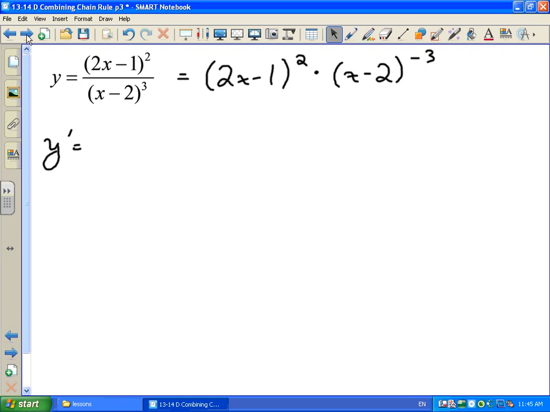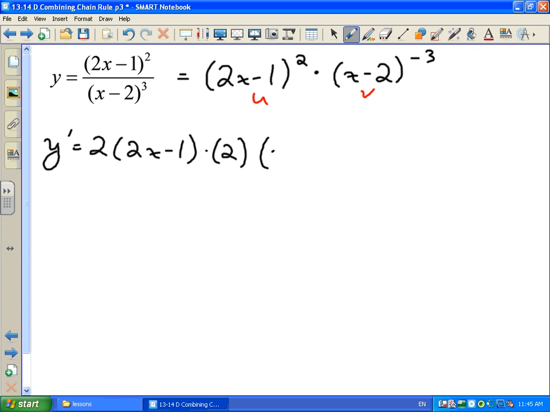We've got u and v. So we want to do u prime times v. So 2 times (2x − 1) to the power of 1 times the derivative of what's inside. So times 2 is our u prime.